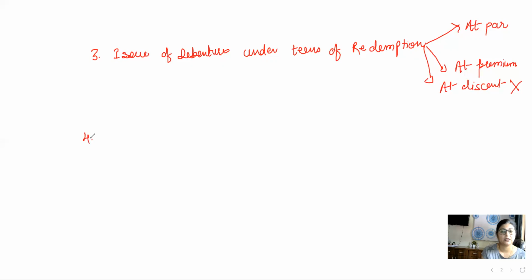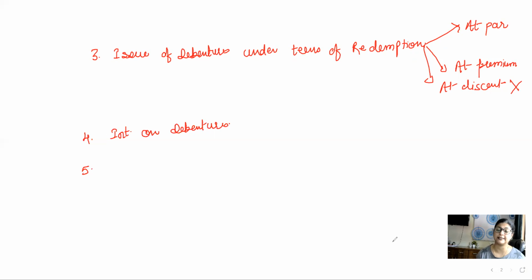Then the fourth topic to be covered under this chapter is interest on debentures. When we issue debentures, they are always issued with some pre-decided rate. Like you always see a prefix along with debentures, like 20% debentures, 10% debentures, 9% or 8% debentures.